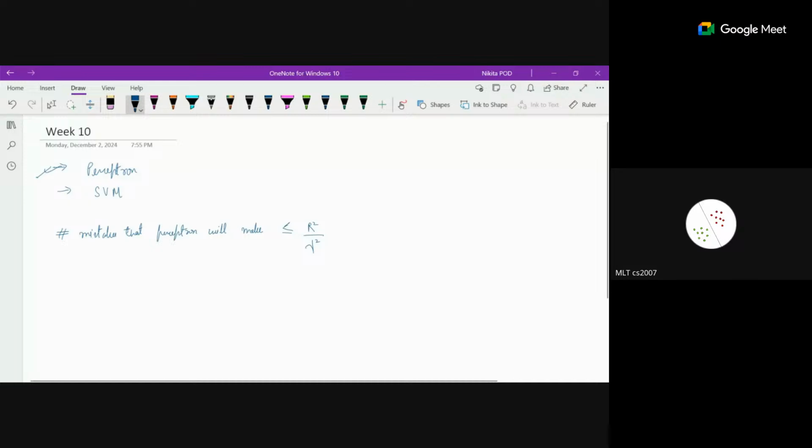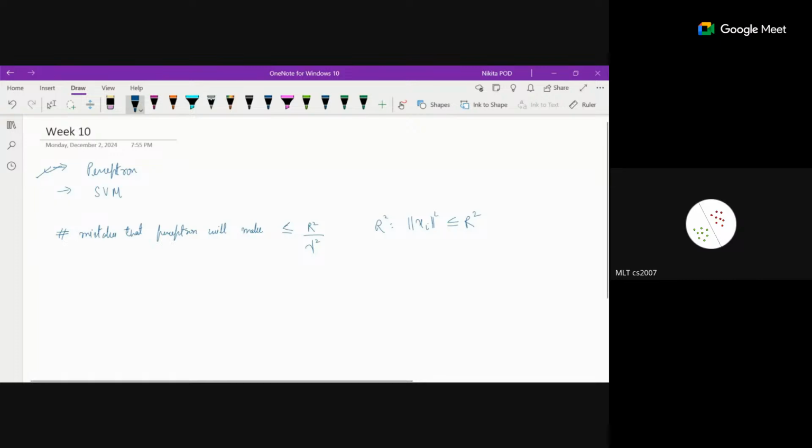And what was r squared? r was the radius of the ball where all of my data points are. All the data points should be in this ball of radius r.